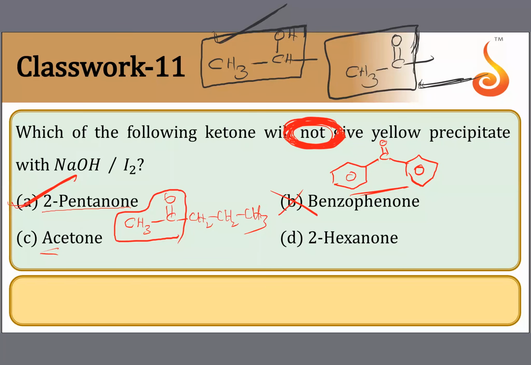Then what about our chemistry? How is our chemistry, ma? Chemistry easy? Moderate. Okay. From aldehydes and ketones, any question you got? Aldehydes, ketones, alcohols, alkyl halides. Any question?